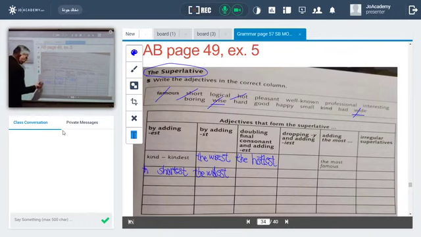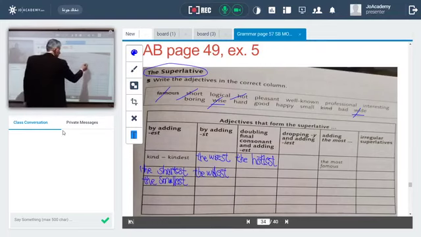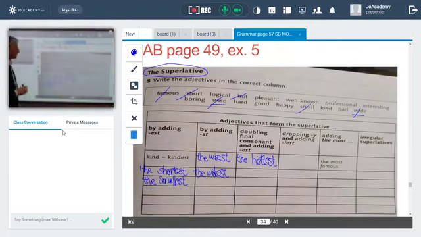We need to put the, because it's superlative. The smallest, okay, the smallest. So let's take out the small, short. Okay.